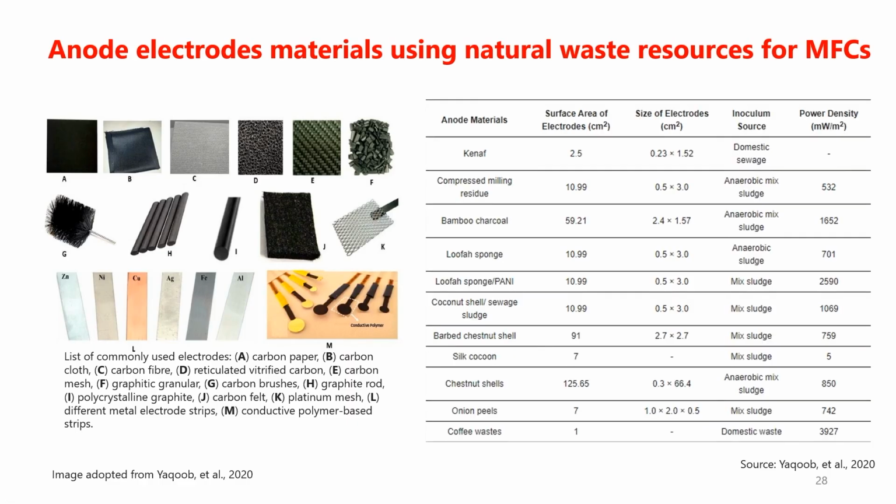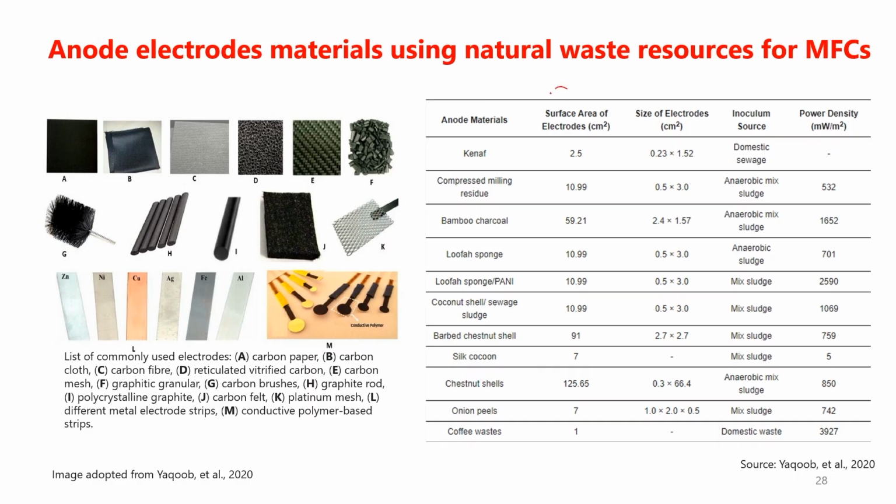There are various anode materials listed in these tables, starting from CANF to compressed milling residue, bamboo charcoal, then we can use loofah sponge, coconut shell, sewage sludge, barbed chestnut shell, silk cocoon, and also chestnut shells, onion peels, coffee waste and so on.